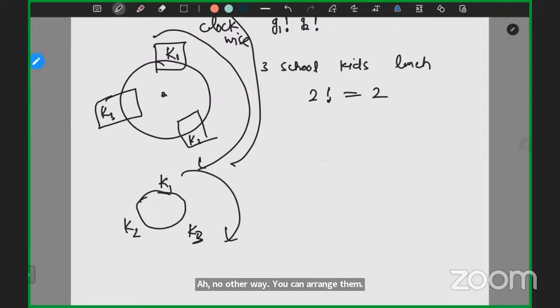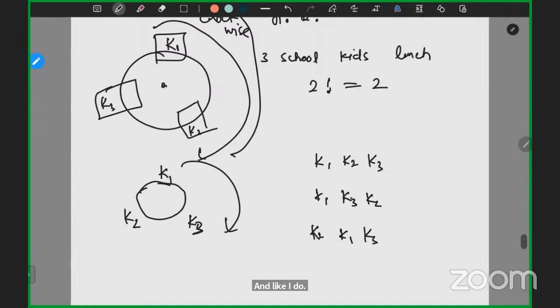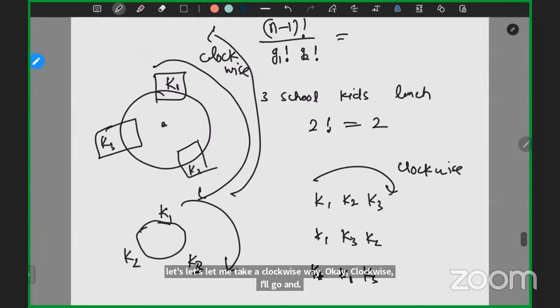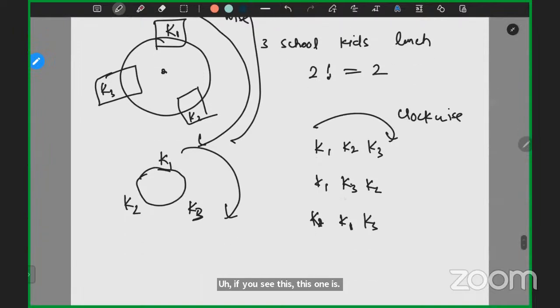In the previous case we had K1, K2, K3 and then K1, K3, K2. Now let's say K2 comes here, and I do K1, K3. Let me take the clockwise direction. In one case K1 is there, then K2, then K3. In another case K1, K3, K2.